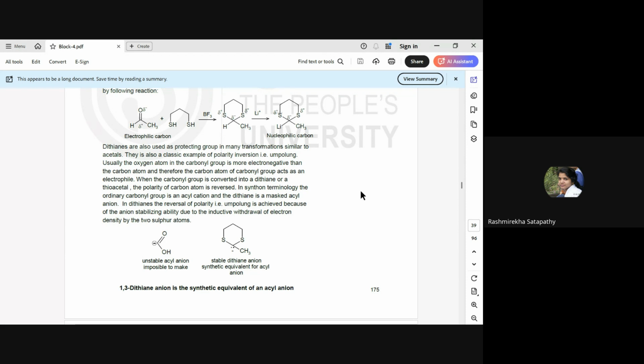In synthon terminology, the ordinary carbonyl group is an acyl cation, and the dithiane is a masked acyl anion. In dithiane, the reversal of the polarity, that is umpolung, is achieved because of the anion-stabilizing ability due to the inductive withdrawal of electron density by the two sulfur atoms.